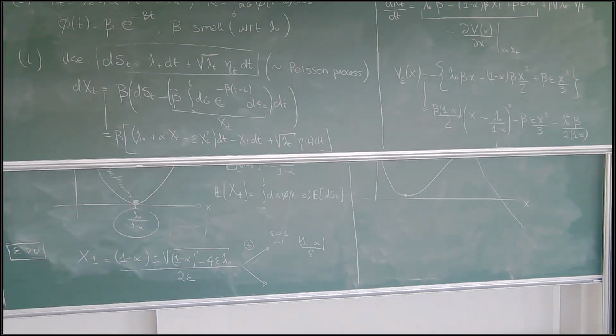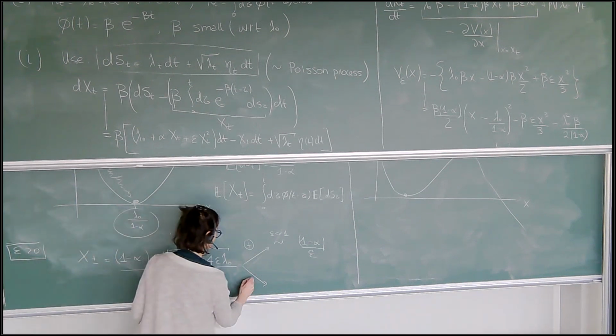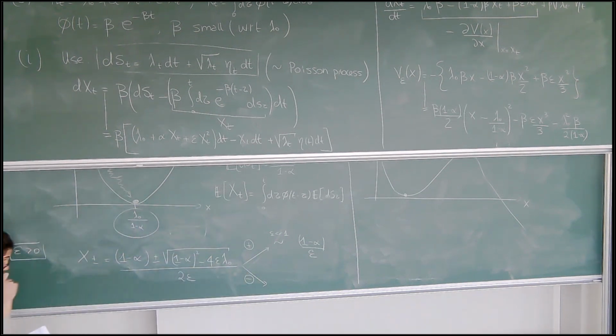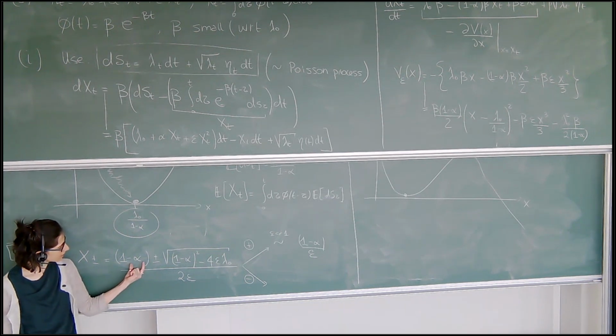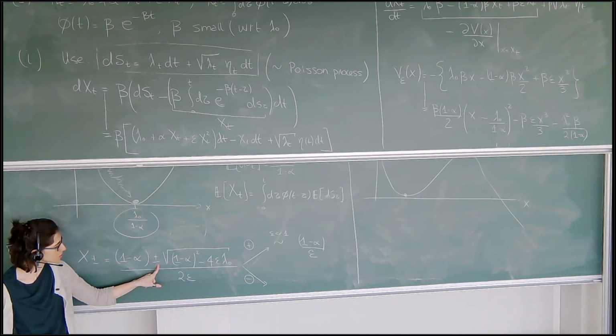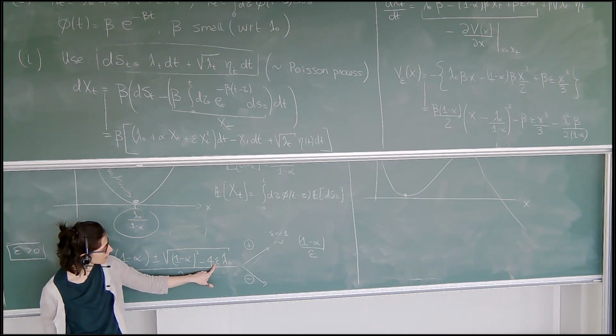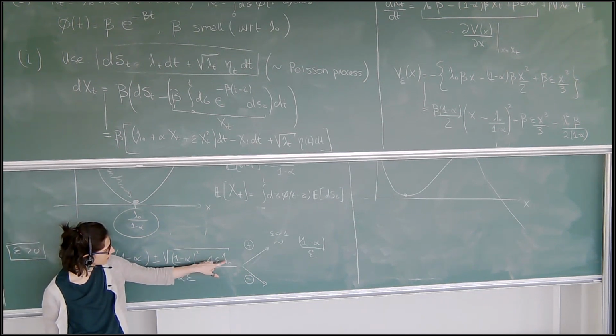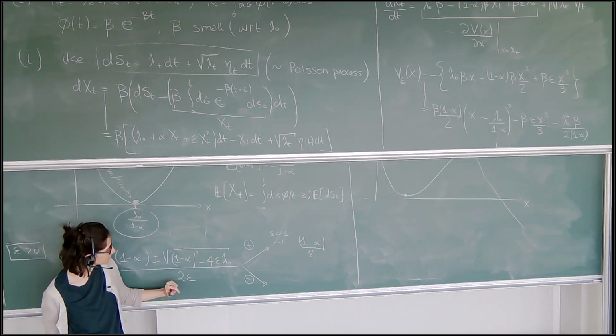And this is x plus. Whereas if I look at x minus and do the expansion, I have to be a little bit more careful, because the order 1 terms will cancel because I have a minus. So I also have to keep the expansion to order epsilon that comes from expanding the square root.